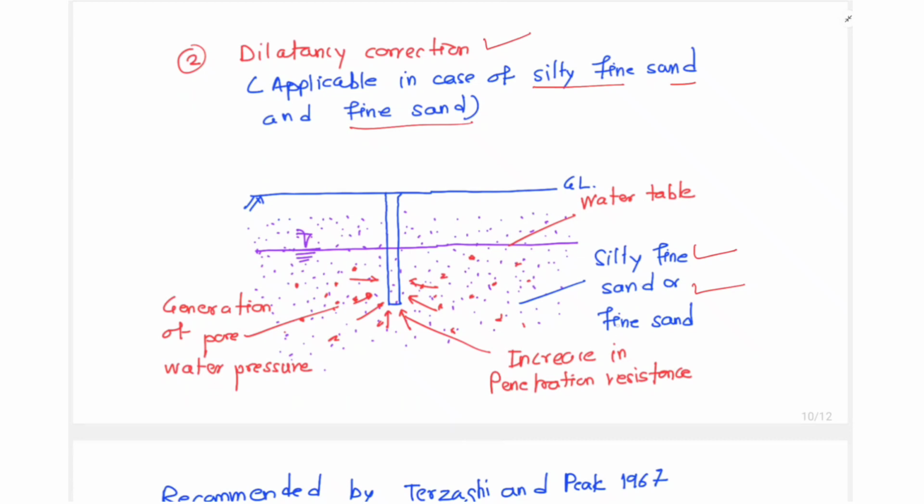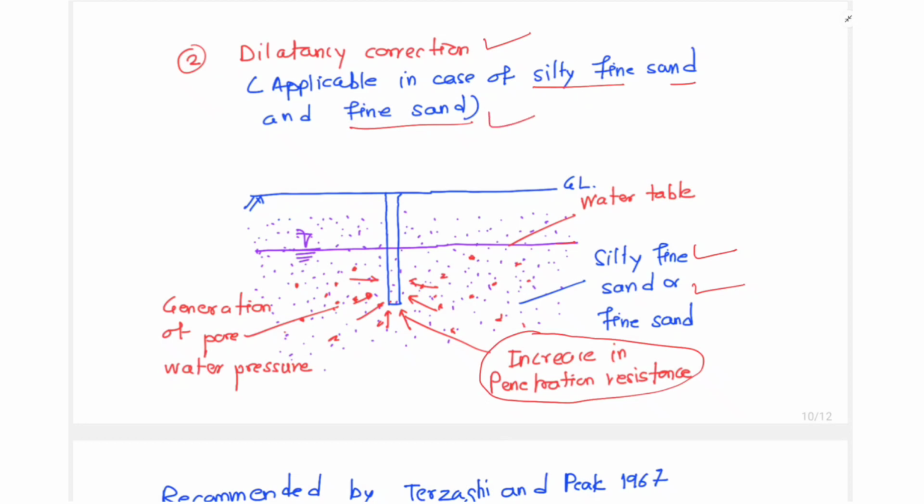In silty fine sand and fine sand with the presence of a water table, pore water pressure generates at the bottom of the borehole, which exerts certain extra penetration resistance on the split spoon sampler. So to neglect or reduce this penetration resistance for uniformity of results, we apply the dilatancy correction.